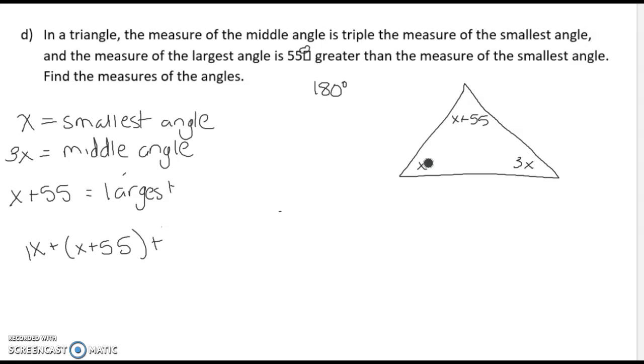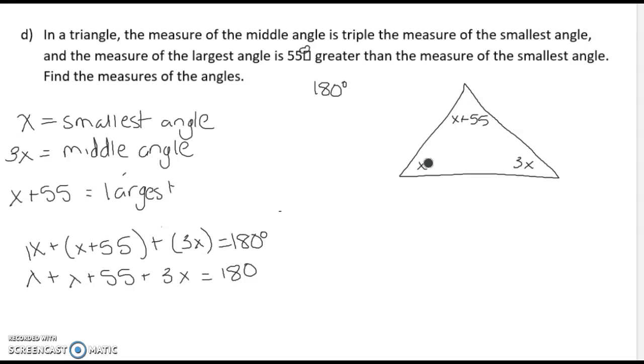Okay, so plus 3x. And we know that has to add up to 180 degrees. Okay, so now we can rewrite this without the brackets. So I'm going to have x plus 55 plus 3x equals 180.